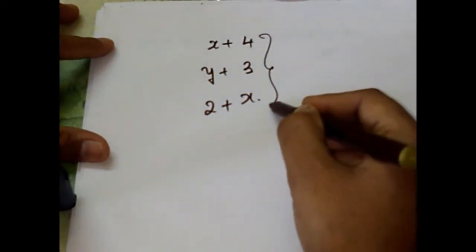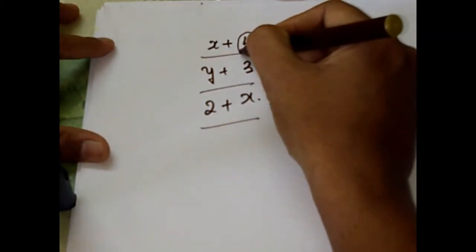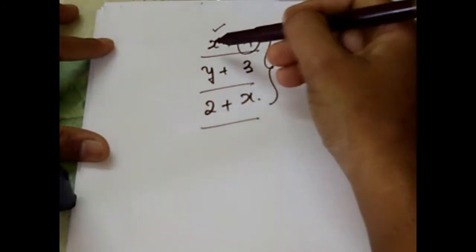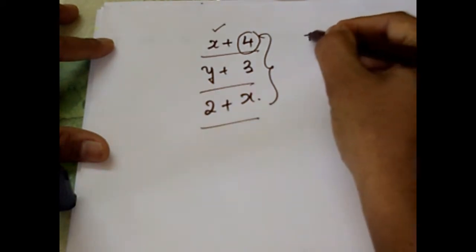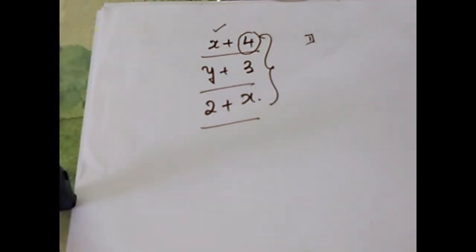Here you can see some binomials where you have a constant term and also a variable x, y and x in the third example respectively. The only type of problem which we are going to learn in this chapter is for the given value, for the given equation.